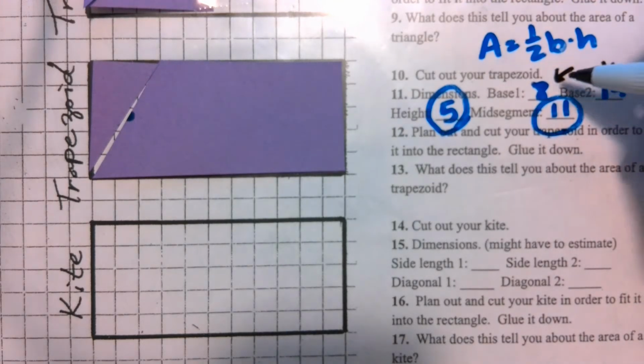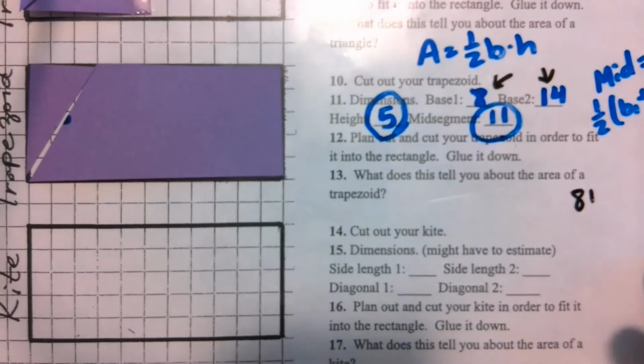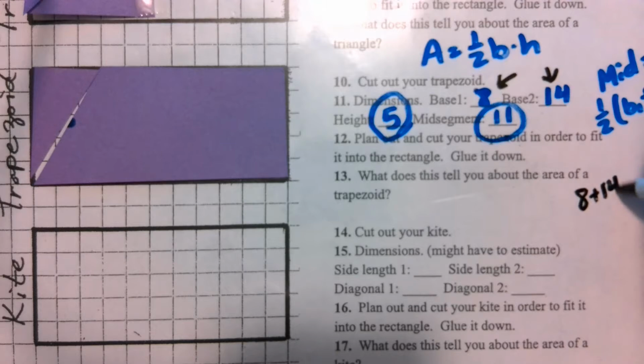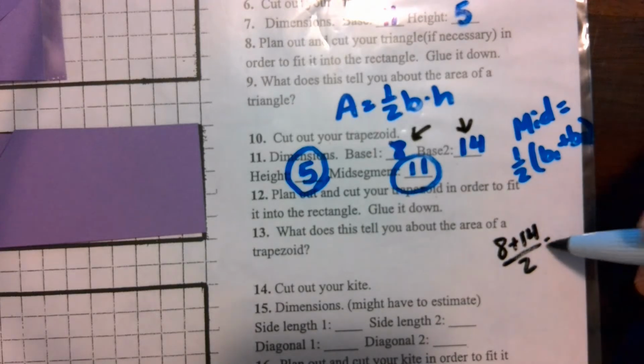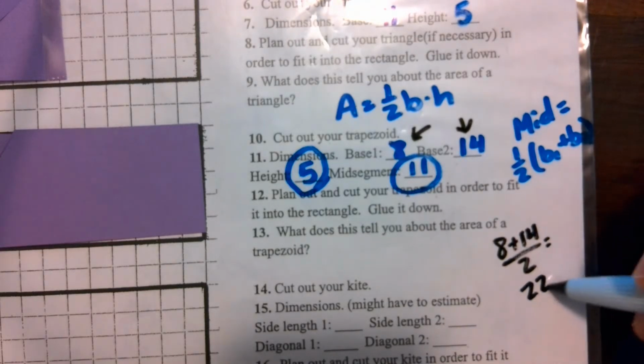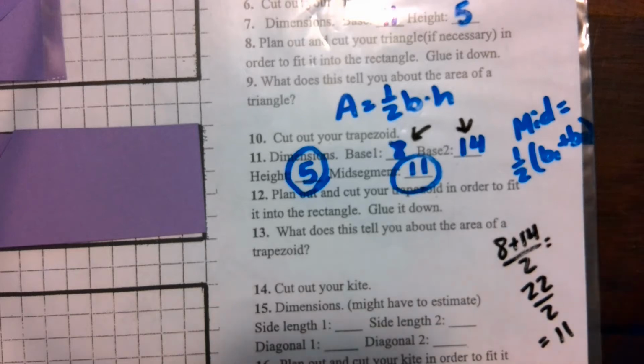So if I took the average of 8 and 14, so I'm just going to write this down here. 8 and 14 divided by 2, or just my mid-segment is that 1/2 base 1 plus base 2. And I would get 22 over 2, which is 11.